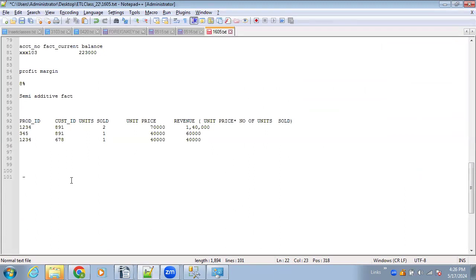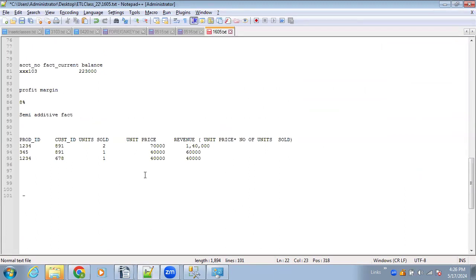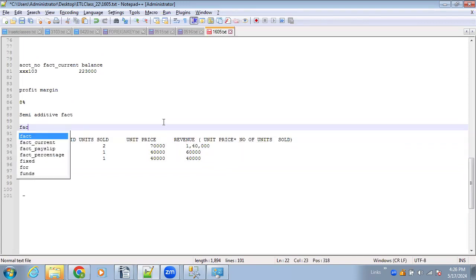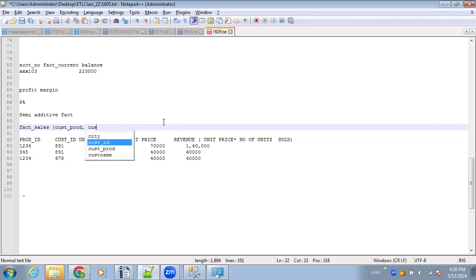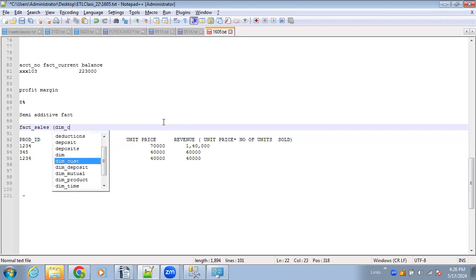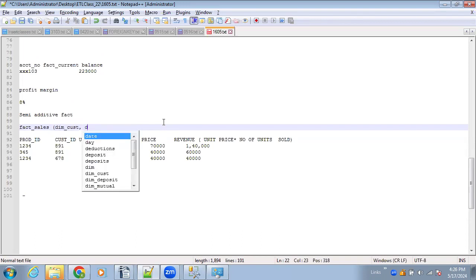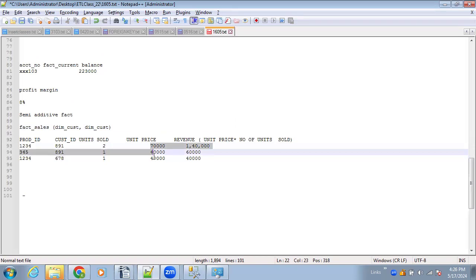So where were we? This is a semi-additive fact. If you take an example of fact_sales, what dimension tables are involved? The product and customer, dim_product and dim_customer, are involved. Are we using unit price, total revenue?